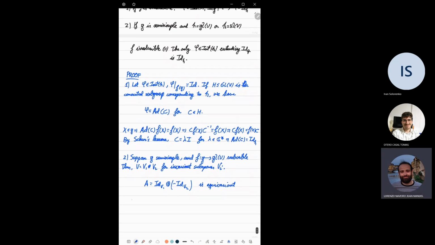And what this means, by simply reversing the argument above, is that the map phi equal to adjoint of A is an inner automorphism of GL(V), and it extends the identity because A is equivariant.